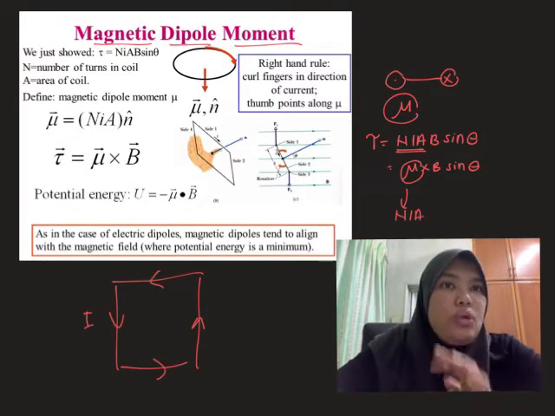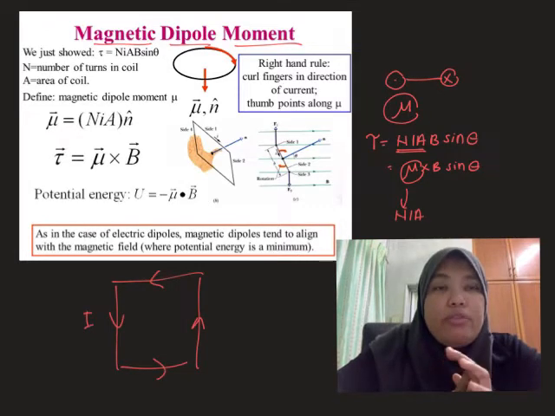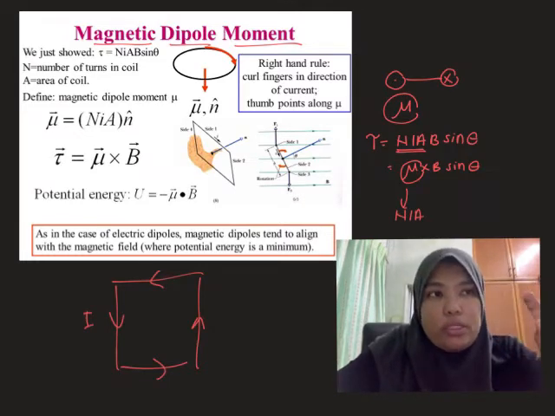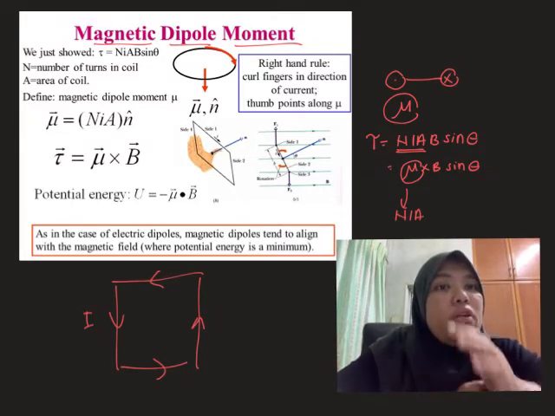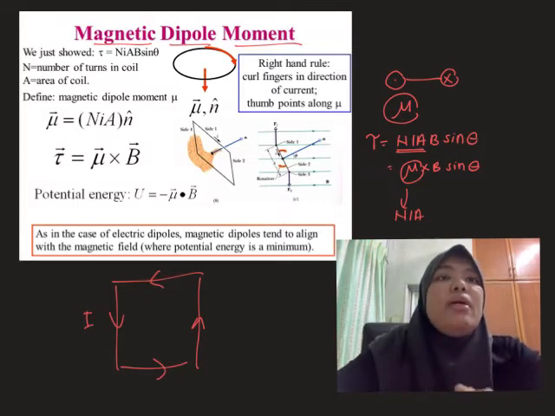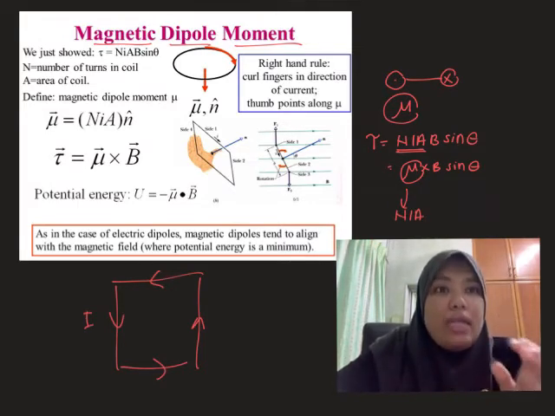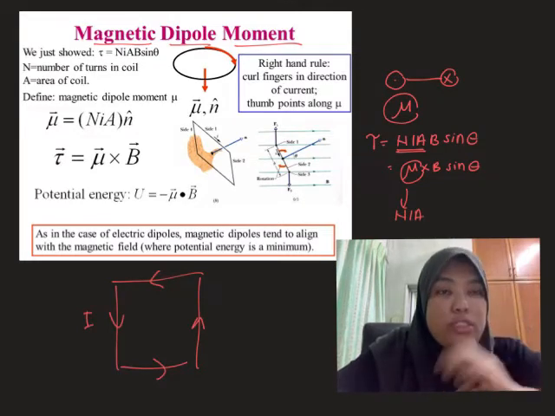But please make sure, before you proceed with the calculation, to find the direction of mu first, because in your equation the theta is between the magnetic field and the normal to the area. Therefore, you need to find the direction of the normal to the area first before you can use the angle, and then use the equation given.